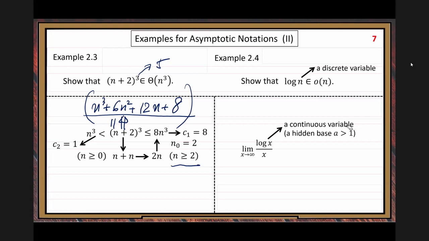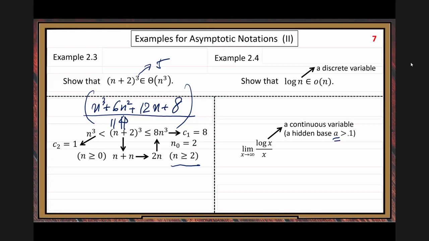Here you may ask me, what is the log base? We assume some general log base a greater than 1. Otherwise, people may use one special log base. Here, let's just use the log base a.